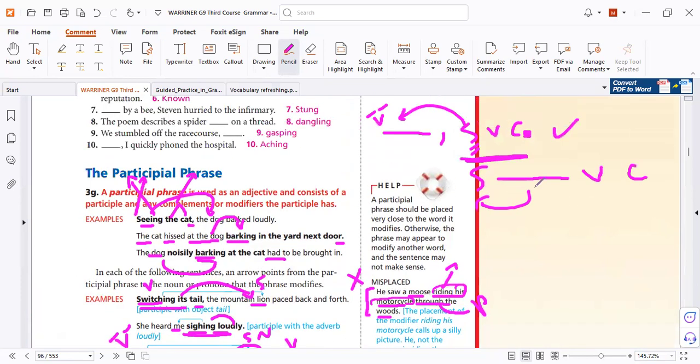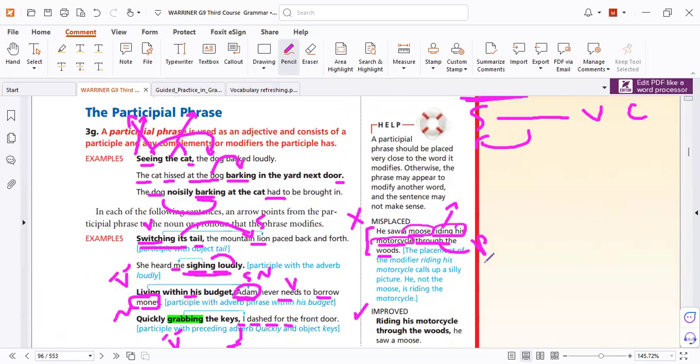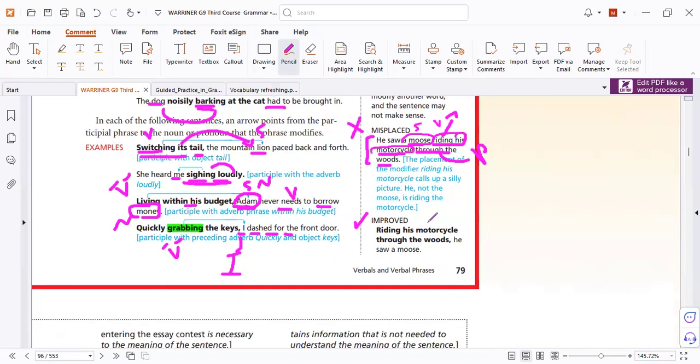Look, the phrase in the middle. Does it describe the moose? This is a verb. Is it done by this noun? No. But look at this one at the beginning: phrase, subject. This is a verb done by the subject. Let me check. Riding, his, who? He. He for his, and he can.